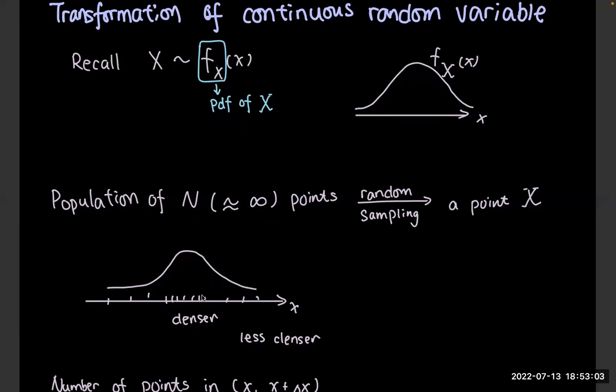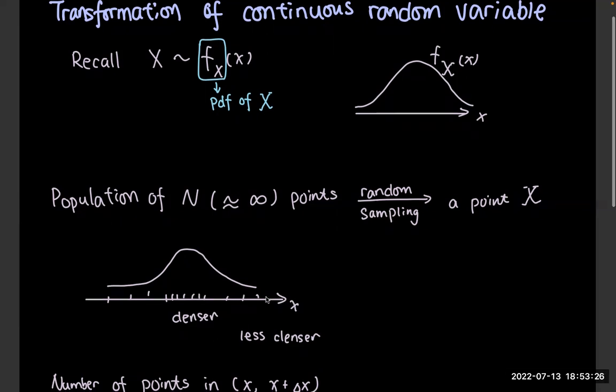That is, if you look at the scatter plot of these n points, say n may be 300 million for the US population, and x is the height of a random person. Then if you plot the heights of all the 300 million people, you have a cloud of points, right? And it's denser here, less dense here. That's why you have such a density function.